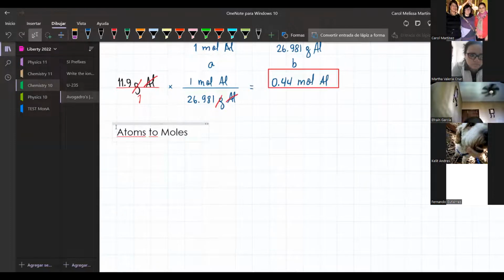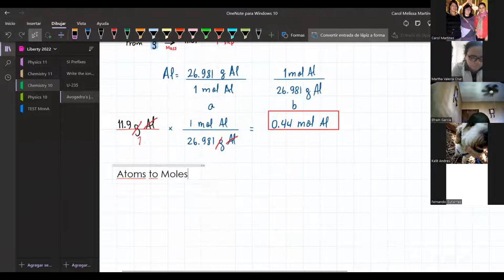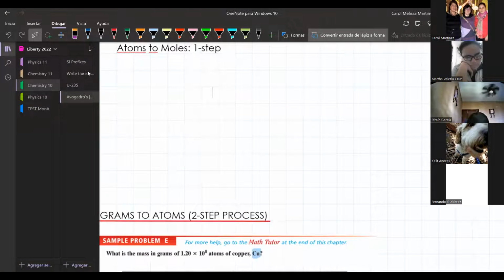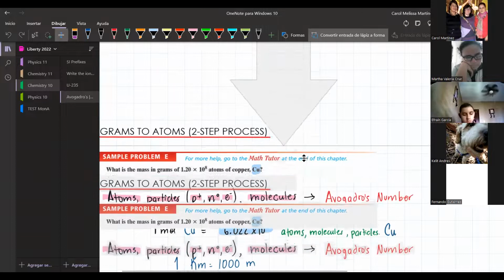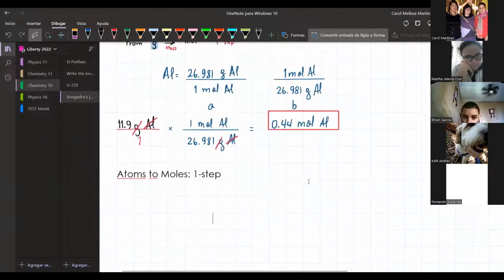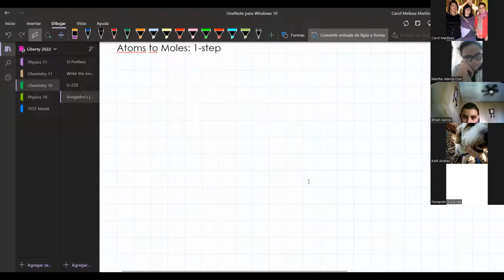I'm going to do this example first, which is going to be one step as well. So we can go and see this exercise, which requires two steps. Okay. Now take a look. I'm going to write a problem.